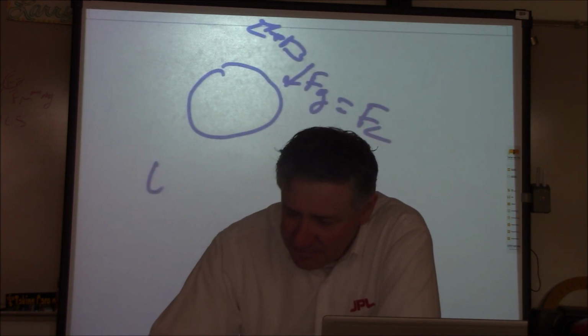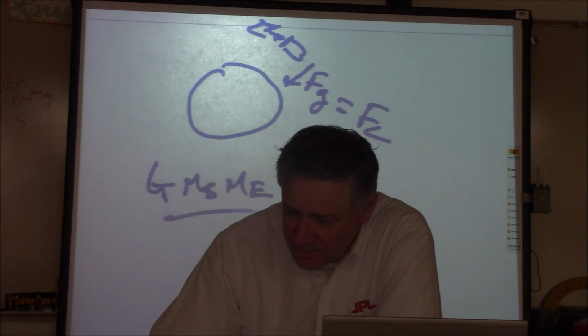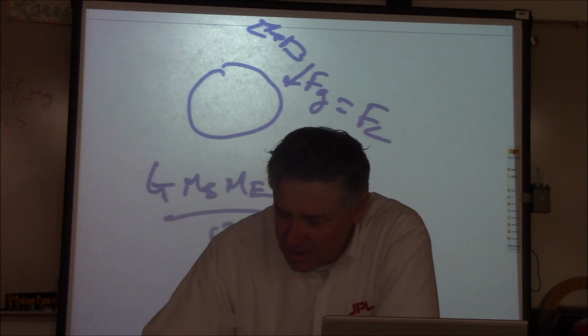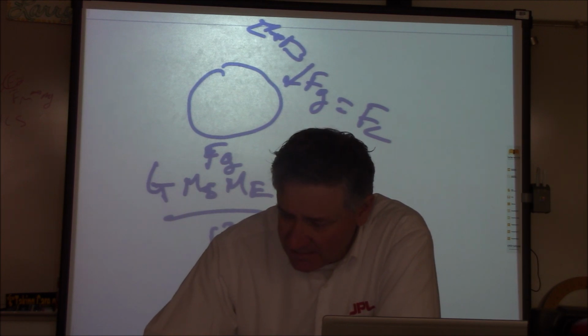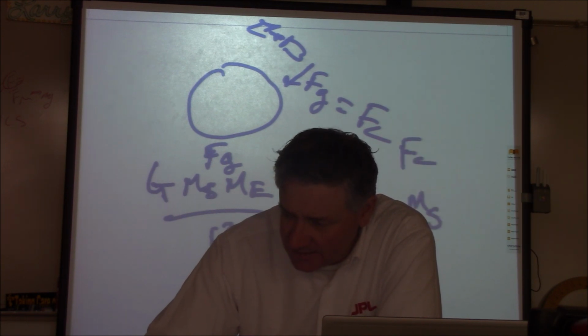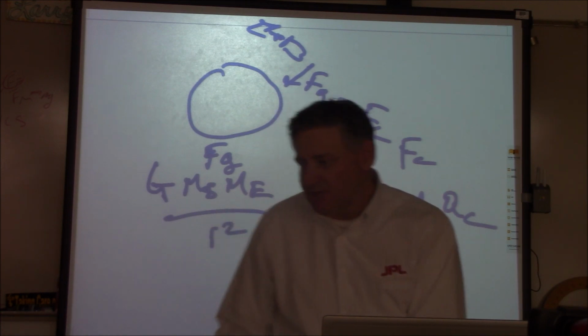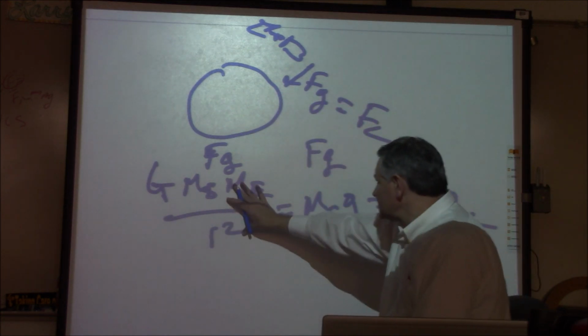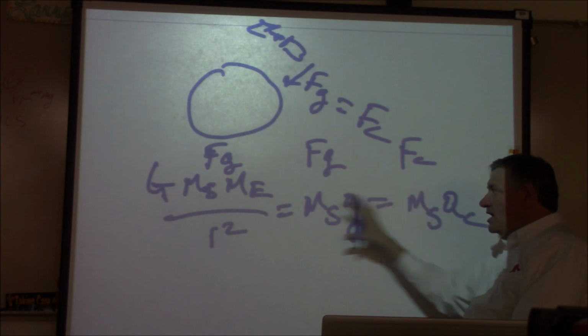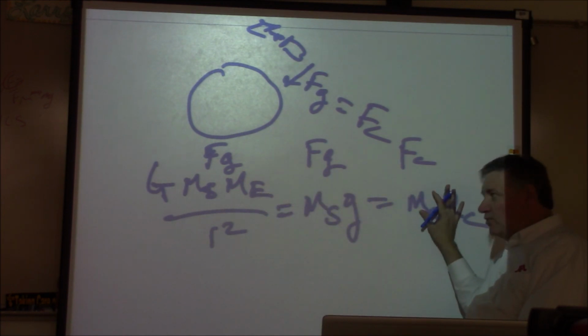You can set big G, mass of the satellite, mass of the Earth over r squared, equal to that. That's your gravitational force. That also equals the weight, which is the mass of the satellite times little g, which is also the mass of the satellite times your centripetal acceleration. So it's vital that you understand that all three of these are equal.